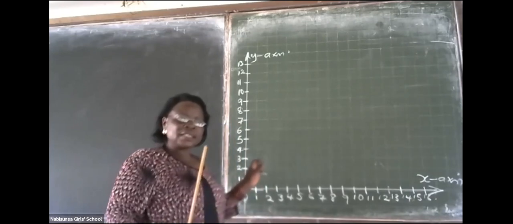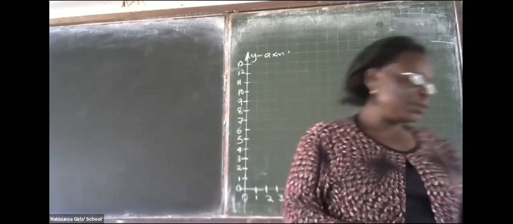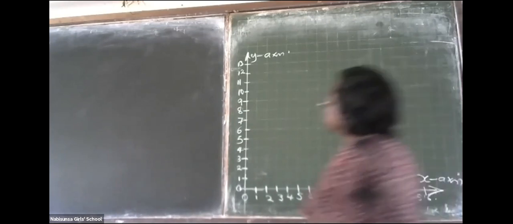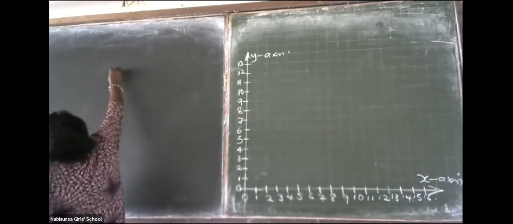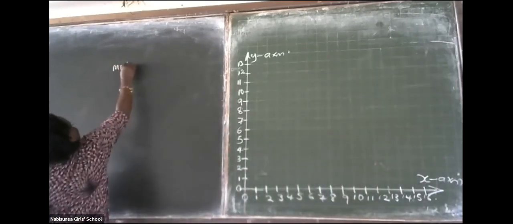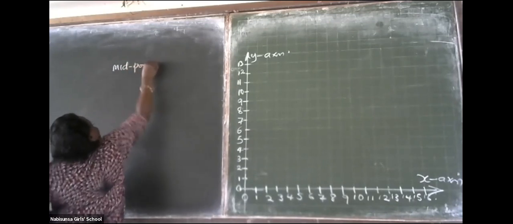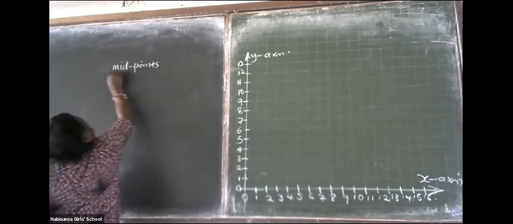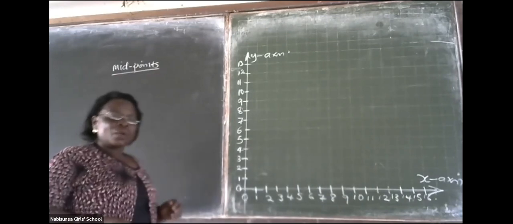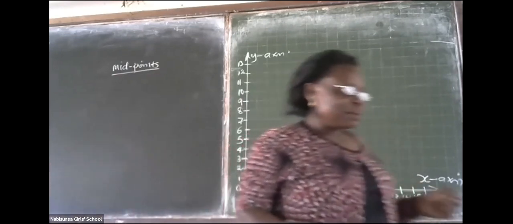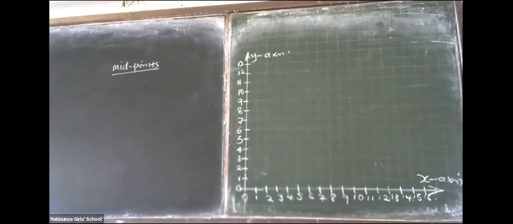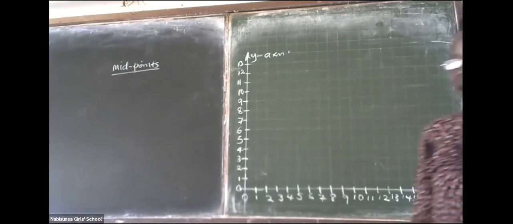Now, I sent some questions to you. It was on midpoints. We're given points which, when joined, form a line segment.